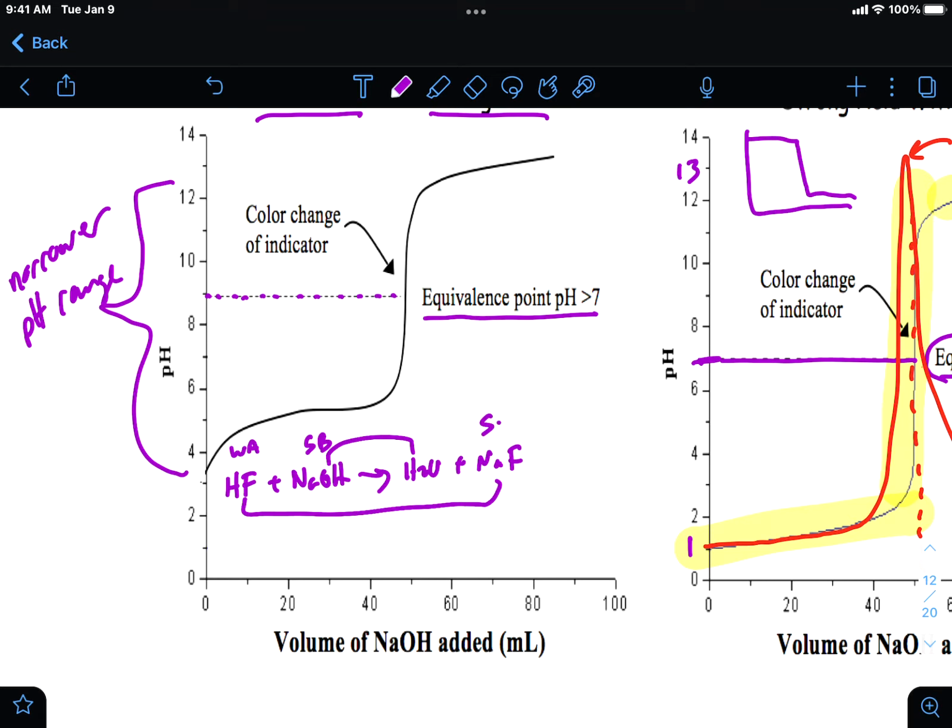NaF is a salt, but from our discussion of salts the other day, the ions that are produced here are going to be Na plus and F minus. And we talked about what certain ions would do in solution. What would a negative ion like F minus do?